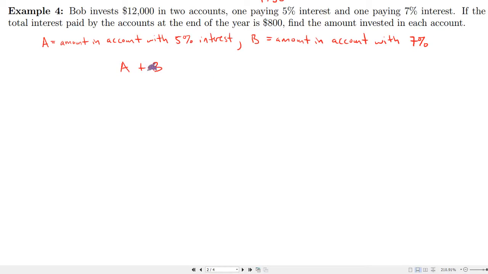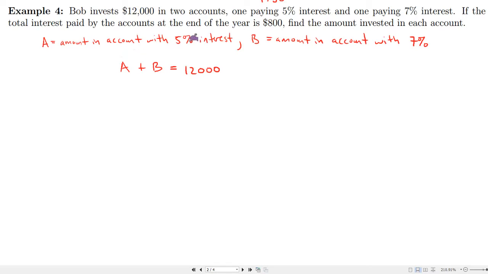Okay, so we know that the sum of the two amounts initially is 12,000. And if the total interest paid by the accounts at the end of the year is 800, then we can find the amount invested in each of these accounts.